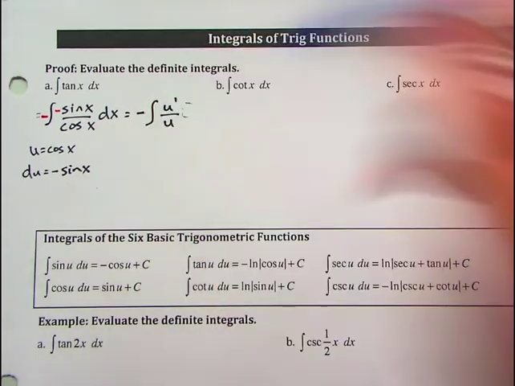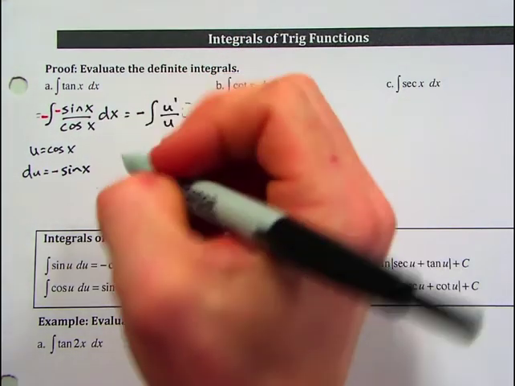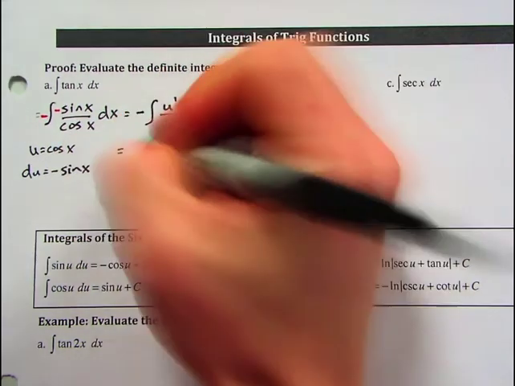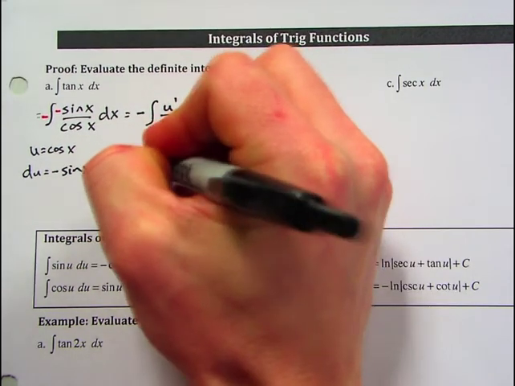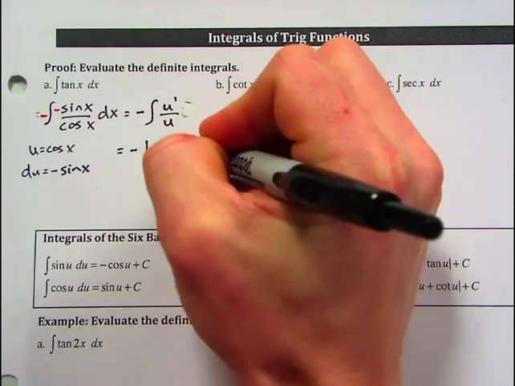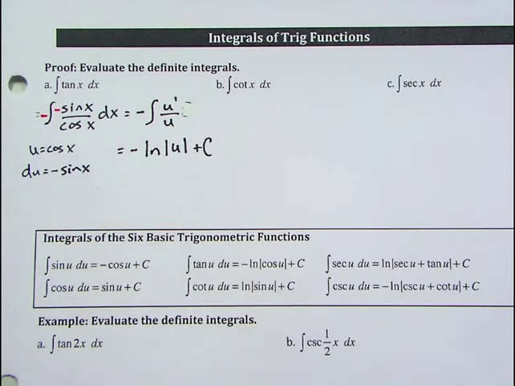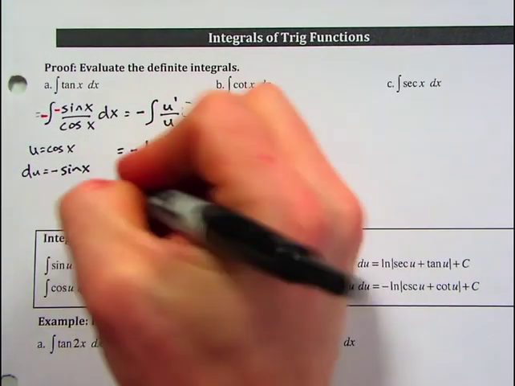If we were just going to find the integral of u prime over u, what is that? It's negative natural log of absolute value of u plus c, right? And then we're just going to substitute u back in here.